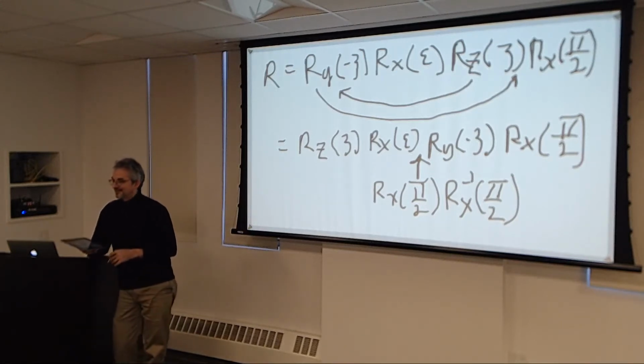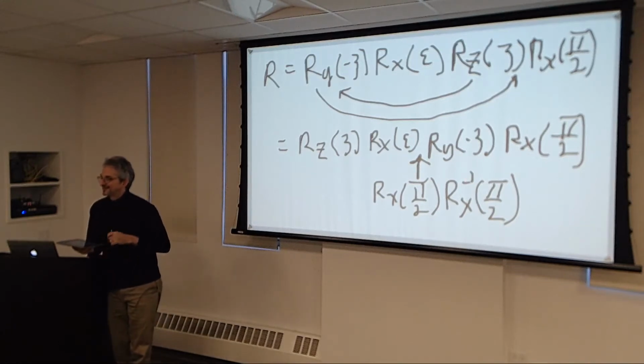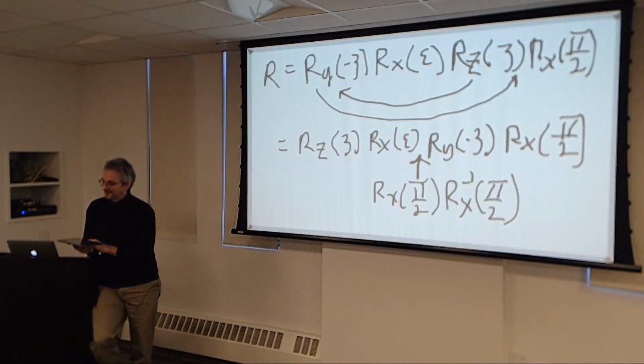Again, I can write down the matrices and multiply the three matrices together, but it's probably obvious if you think about it, that if I rotate backwards something that's already rotating backwards, that's going to be the same as rotating forwards.